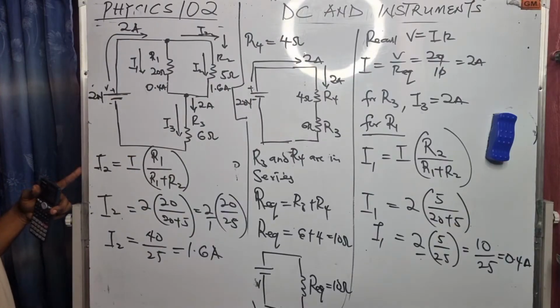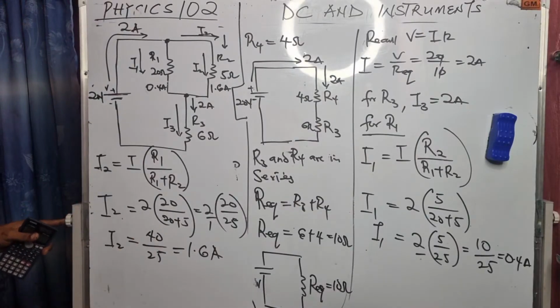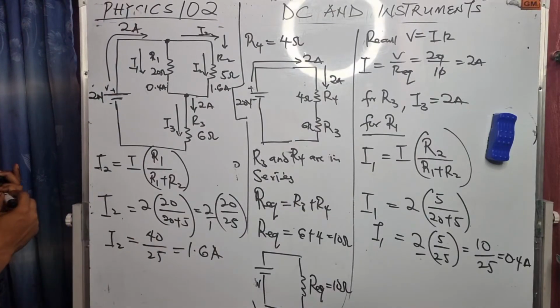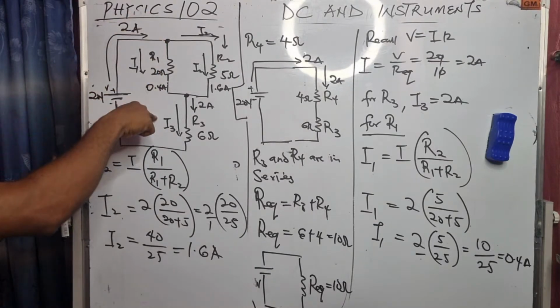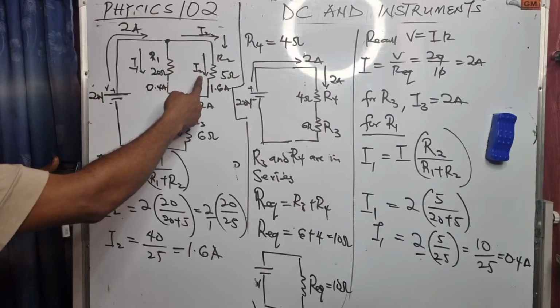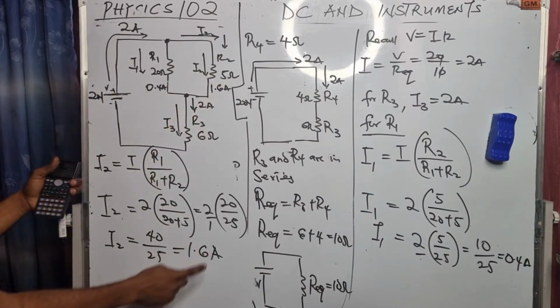R3. Okay, so the current here is 1.6. Alternatively, since 0.4 flows through R1, to get our I2, just subtract 0.4 from what? 2 ampere. That will give us 1.6.